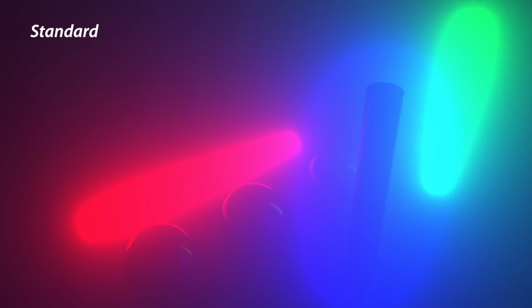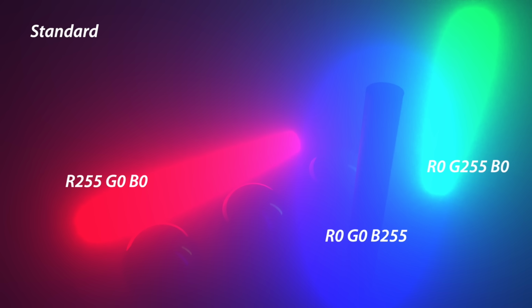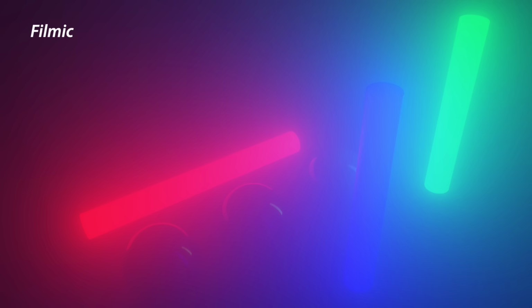This is standard view. This is no view transform. Each of these cylinders has an emitter, and in this case, the red is just a fully red color, the blue is a fully blue color, and the green is a fully green color. And in standard view, it just doesn't handle that. If we take a look at this in Filmic, Filmic kind of smoothed things out a little bit, but it's still sort of struggling.